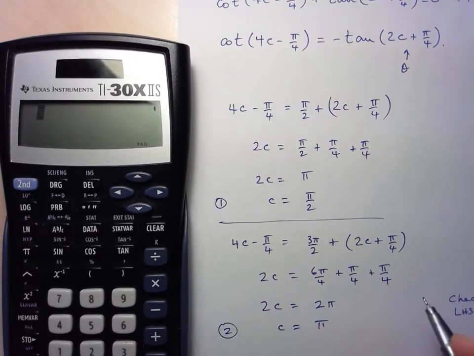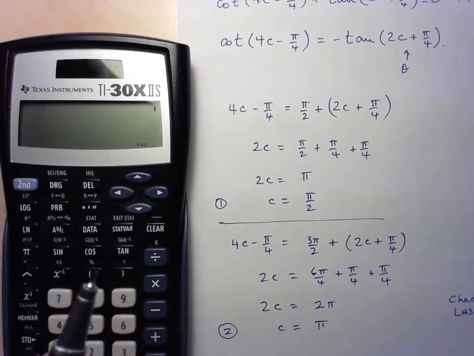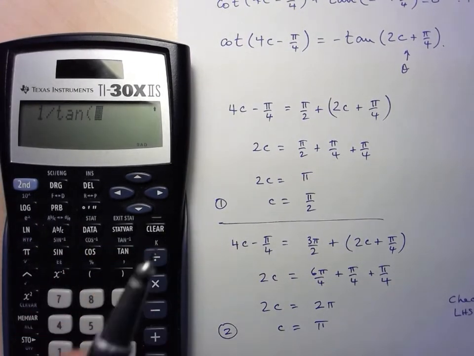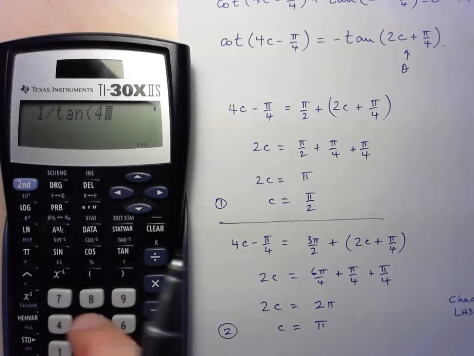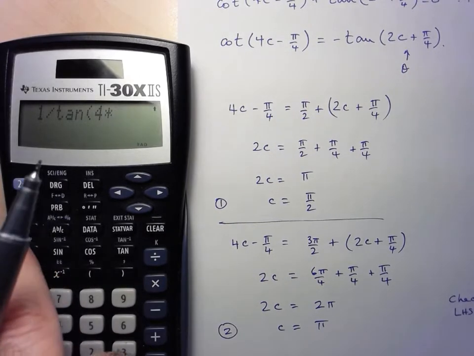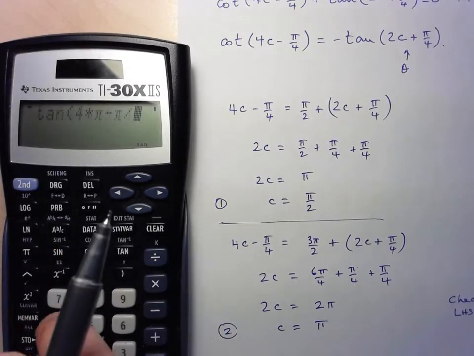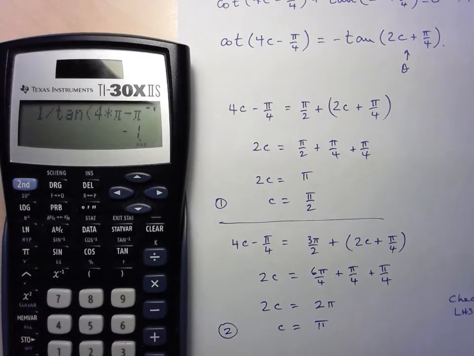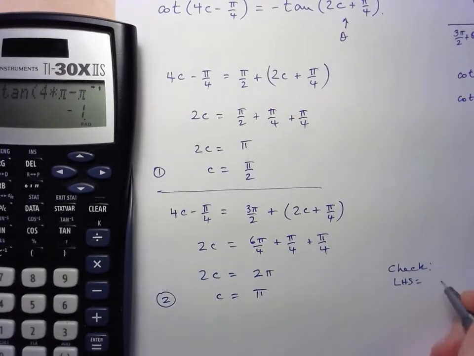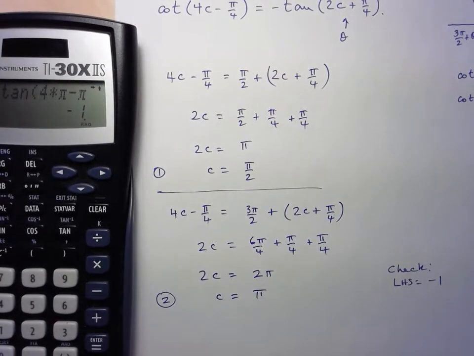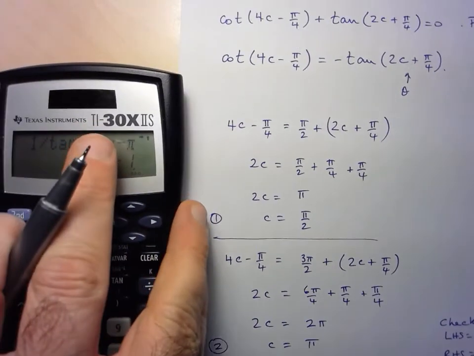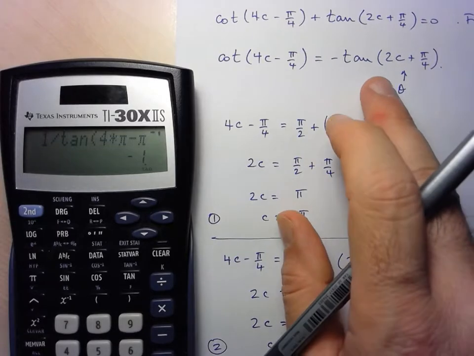On the left-hand side, we have cotangent, which is 1 over tangent, of 4 times pi minus pi over 4 minus pi over 4. Okay, and that gives us -1. So our left-hand side is -1. Okay, and then our right-hand side is negative tangent of this angle here.